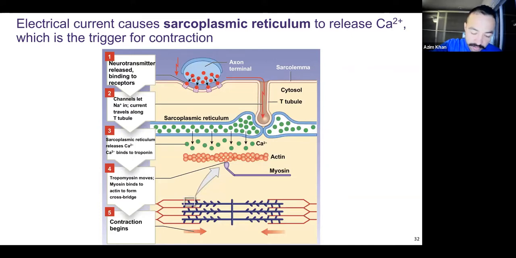You have neurotransmitter, once again, binding to receptors. Receptors activate channels, which aren't really shown here. So I'm just going to show a channel here and a channel here and a channel here. And it lets sodium in.